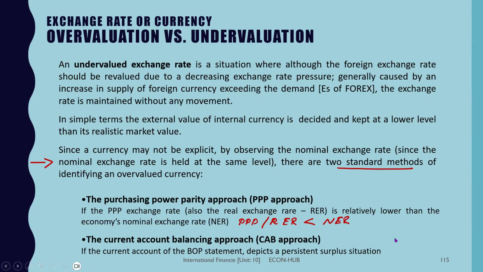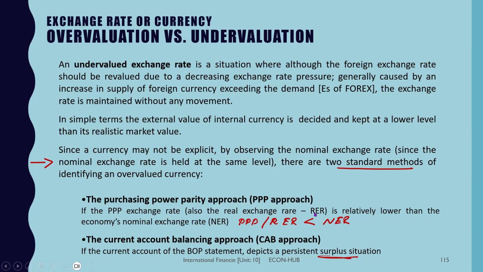When this happens, that means our currency is undervalued. Or the CAB approach, the BOP balancing approach: China has continuous trade surpluses, or at least had surpluses, so their currency should be very strong, but they keep it at a weaker level. So their currency is undervalued.